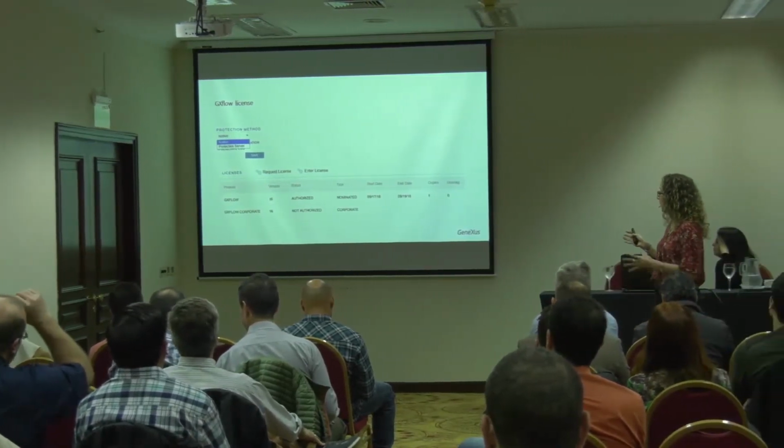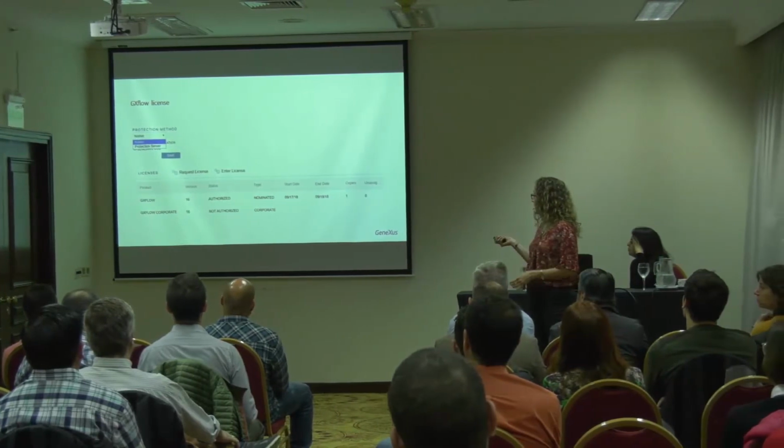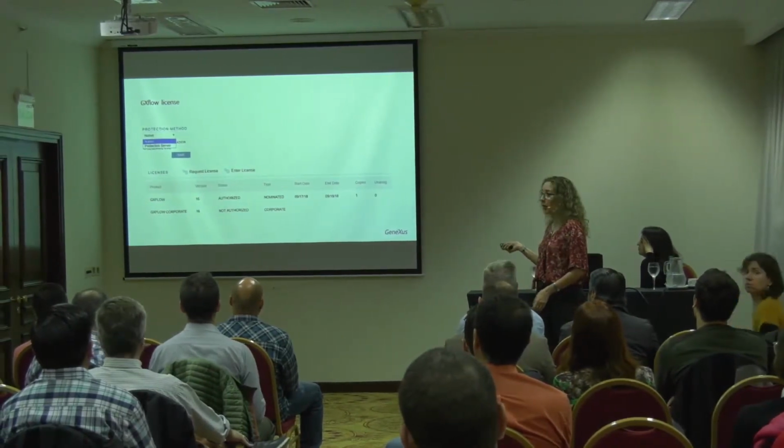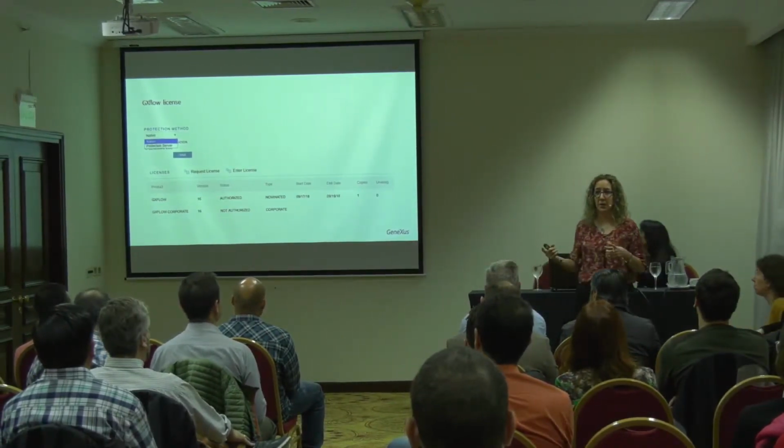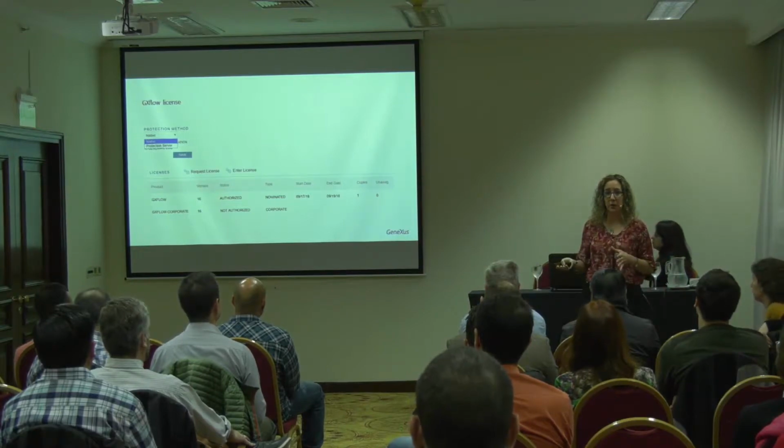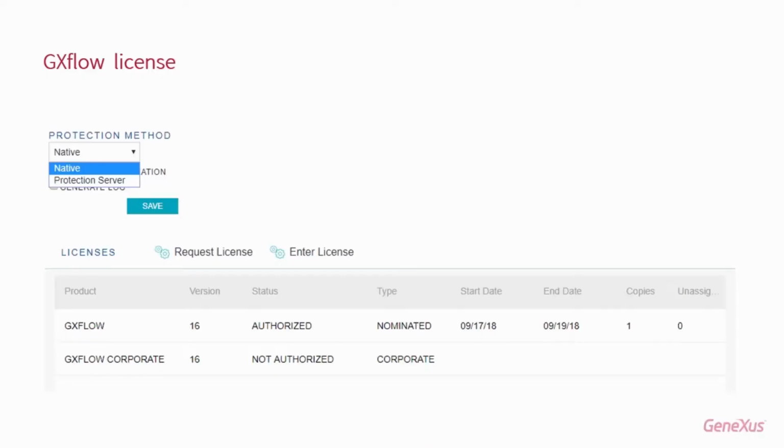We've also changed the protection, and as you can see, this is a web app, workflow license. We're always managed with Protection Server License Manager, like any other GeneXus product. Now, in the workflow client, we have a license manager web, which means that you needn't go to the other license manager. You can do it from here.